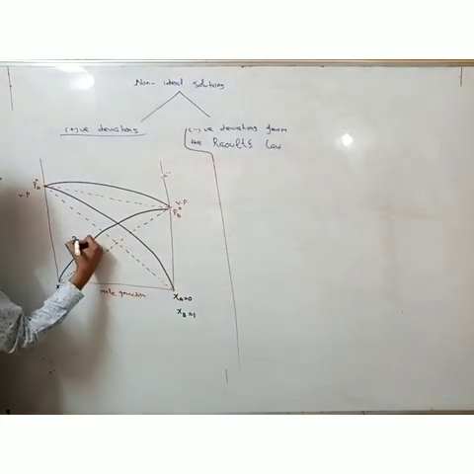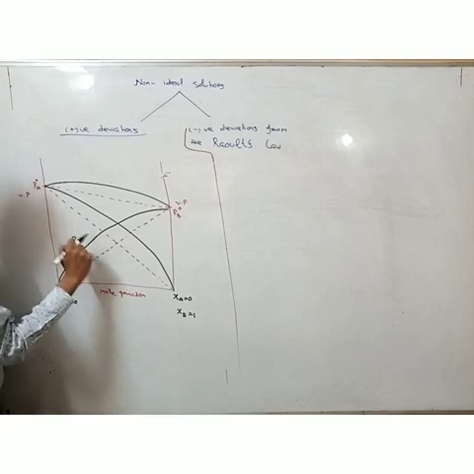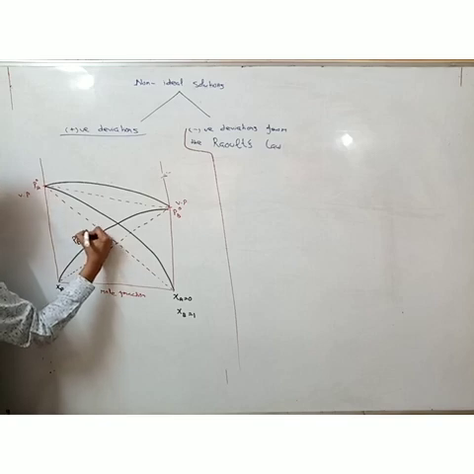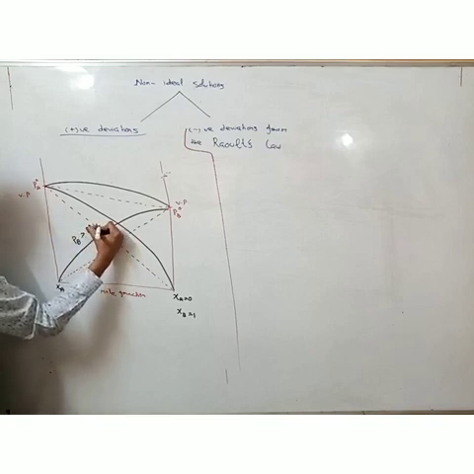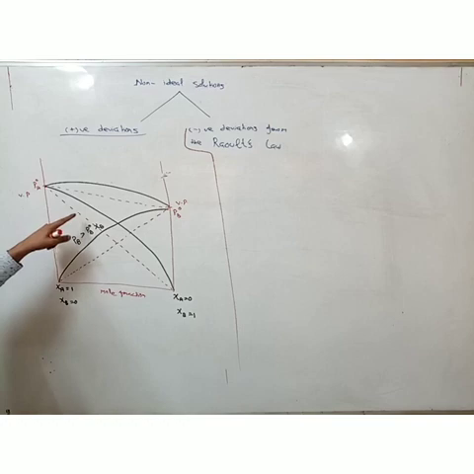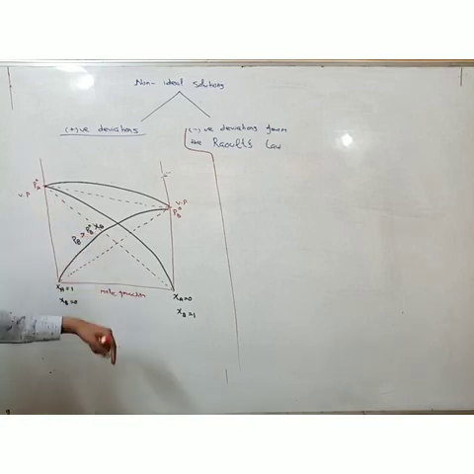So partial vapor pressure of component B is this, which is greater than PB naught XB. PB has to be equal to PB naught XB according to Raoult's law, but it is greater in case of positive deviation.